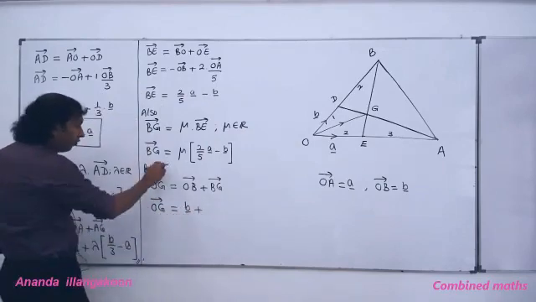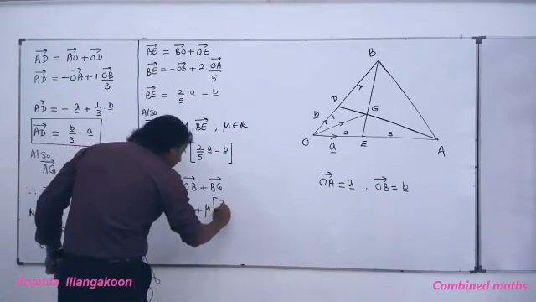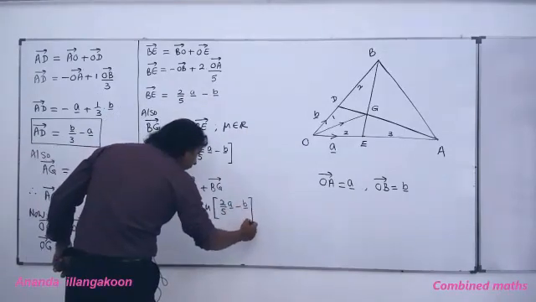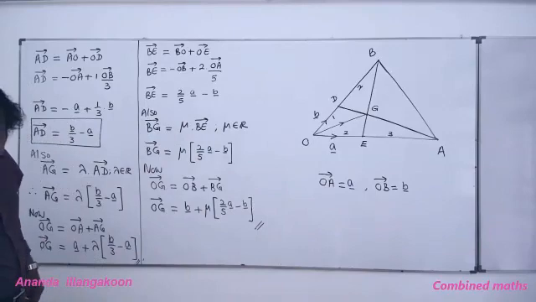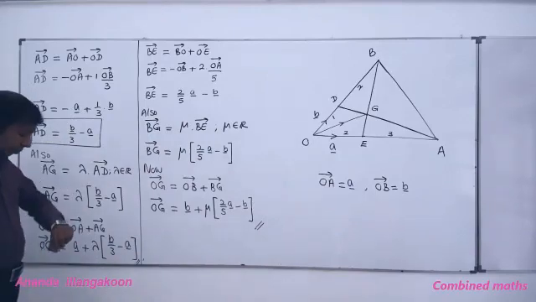And BG vector is this: mu times 2 divided by 5 times a minus simple b. I think this is the next answer asked. Right. Now we will ask you the next one.